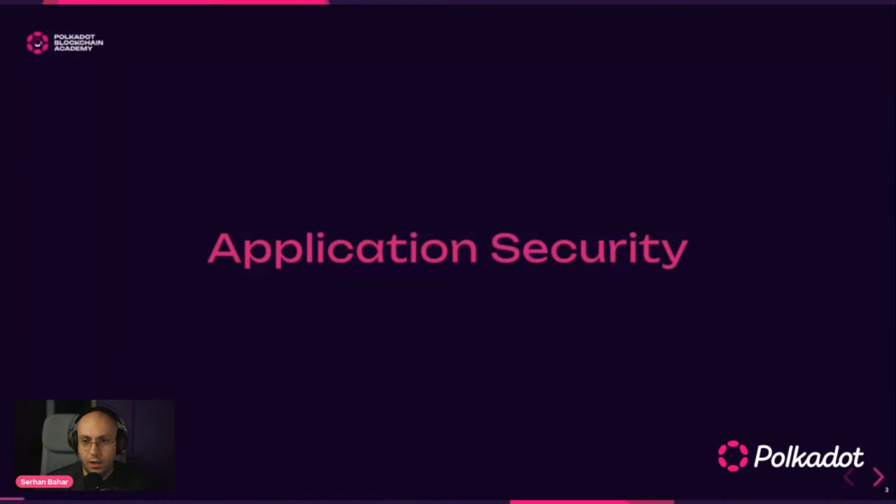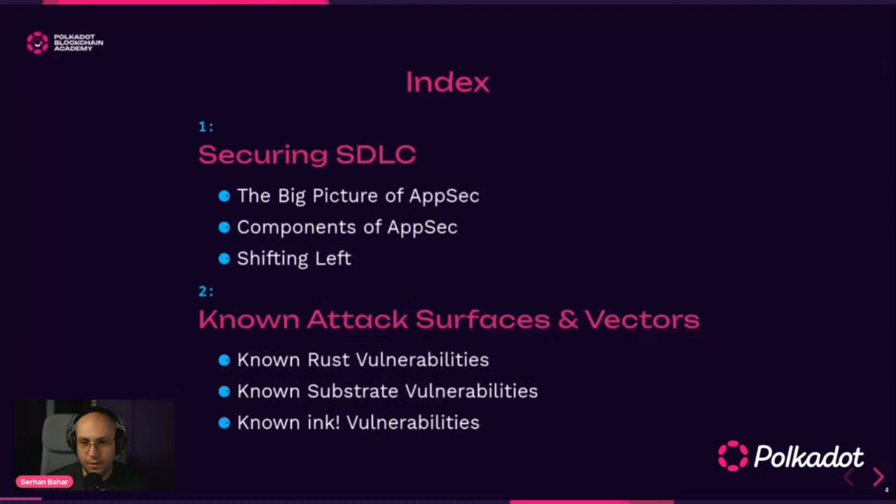Today, after we understand the application security domain, we will look at the software development lifecycle, and especially how we can secure it, as an index, the big picture of appsec, its components, and the shifting left principle.